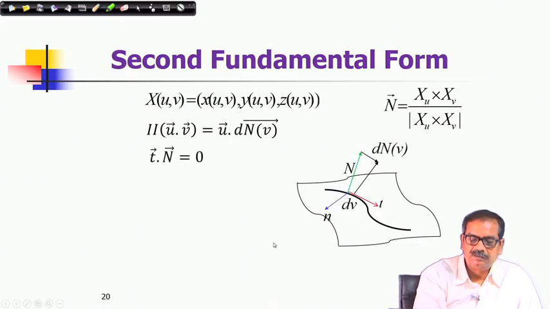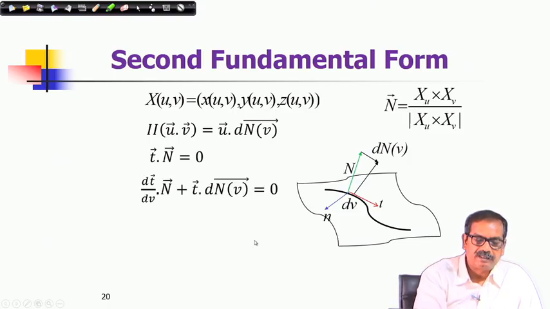We already know T dot N is 0. So, if I take u and v both as T, then we get these relationships. Since the tangent is perpendicular to the normal, T dot N is 0, and then we take the derivative with respect to v. So, we get dT/dv dot N plus T dot dN/dv, that is equal to 0. So, this is the derivative.